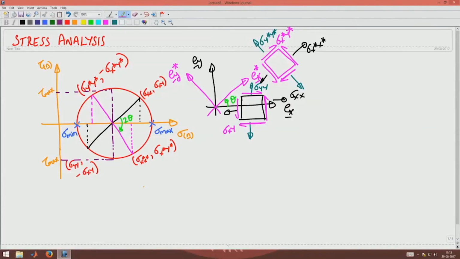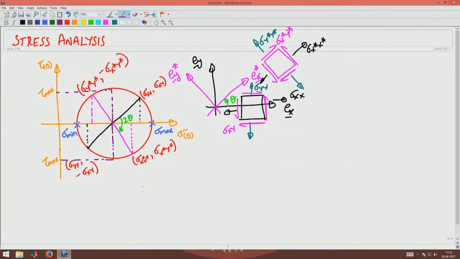Today we will draw some Mohr circles for certain special stress states, as well as see the definition of a few stress states. Now, I am interested in a stress state wherein I have a uniaxially stressed body.